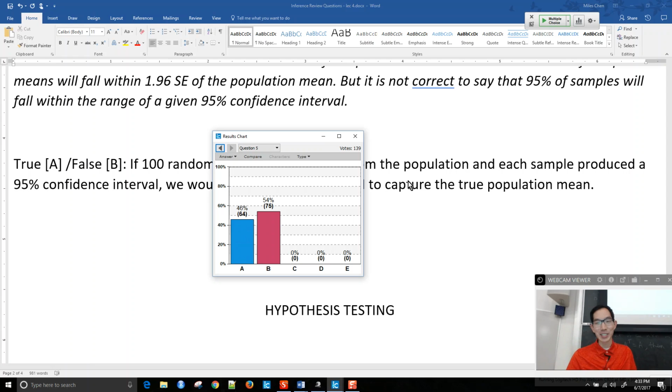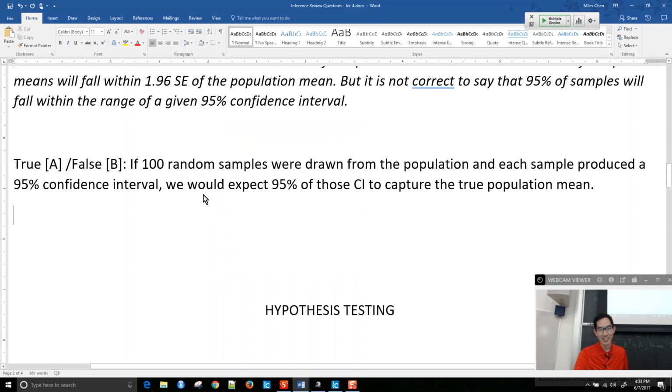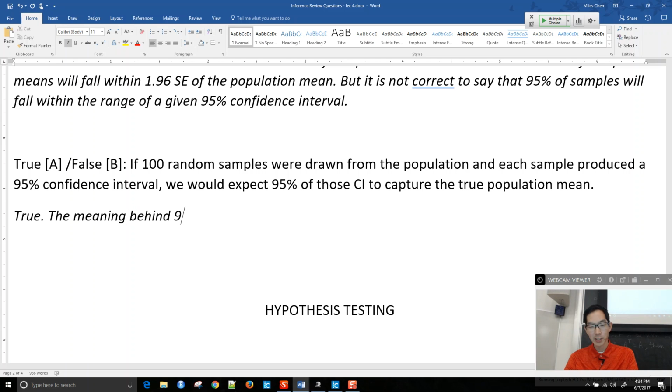All right. Well, the answer is A. So this answer is true. This is the meaning behind the 95% in the 95% confidence interval.